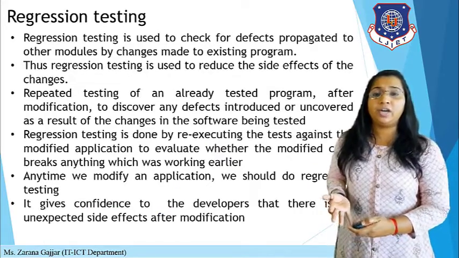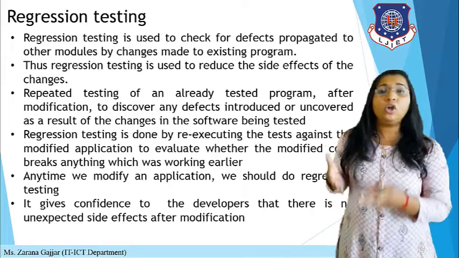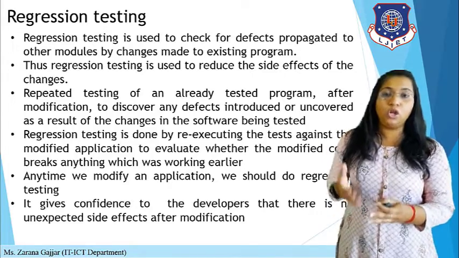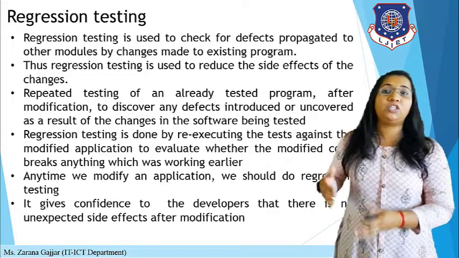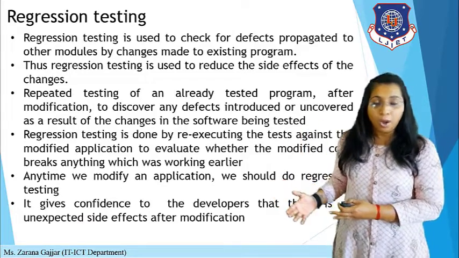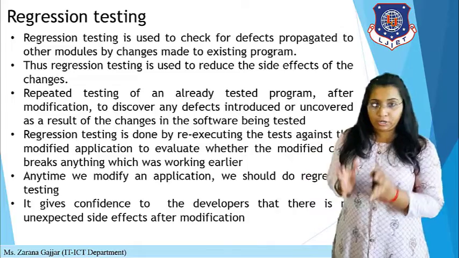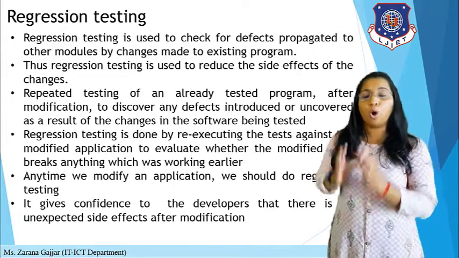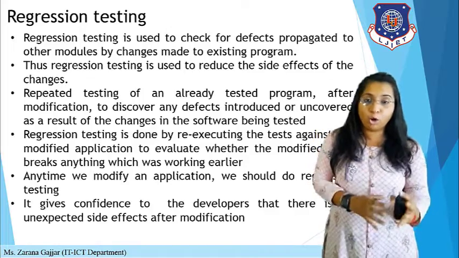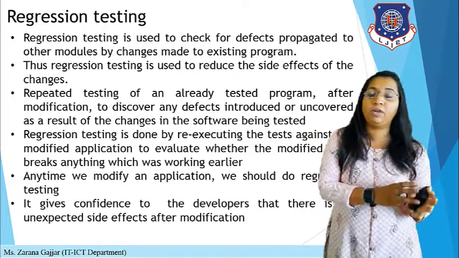Now another testing strategy is regression testing. So regression testing is used to check for defects propagated to other modules by changes made to the existing program. Okay, so if the customer demands something new in between your project, but you have already developed different modules and you have connected each and every module.